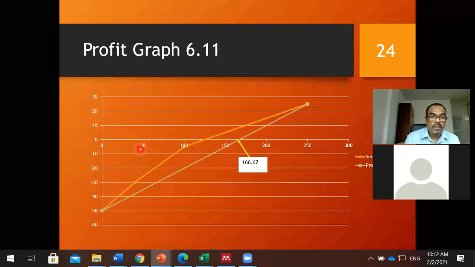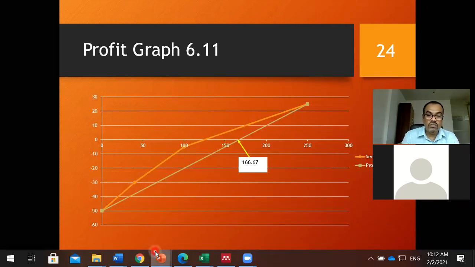Therefore, when you produce Y, you will be able to recover only 20,000. Still, you end up with a loss of 30,000. That is why this particular dot tells you that, if you consider the contribution from product Y, you are still in a loss situation.